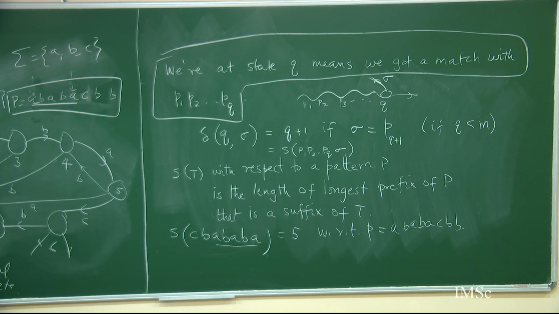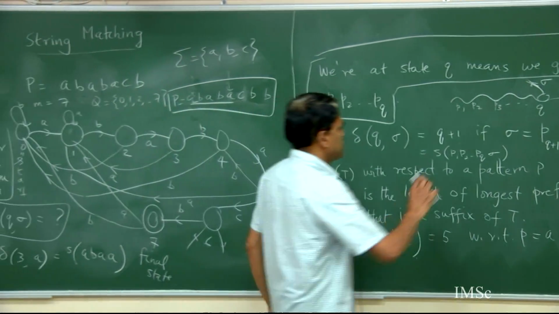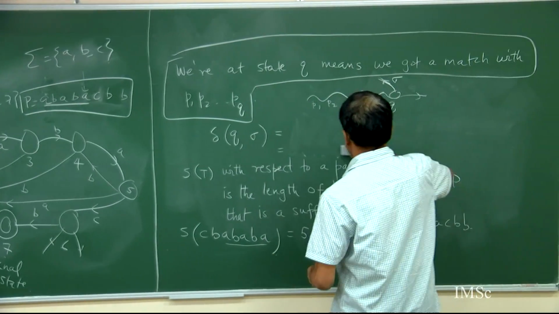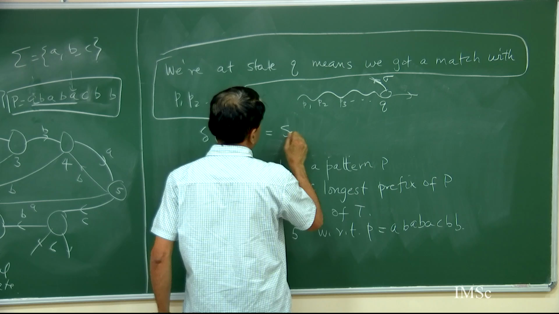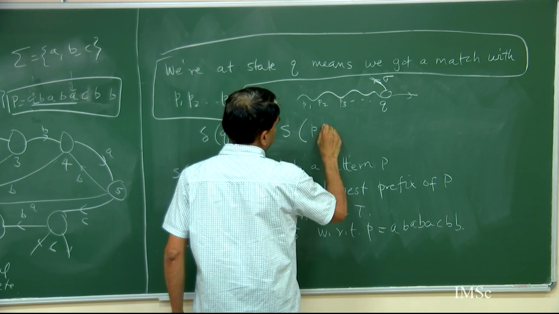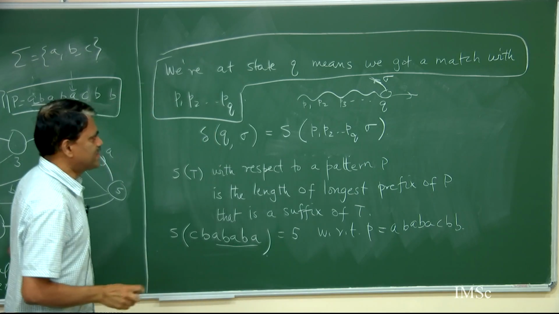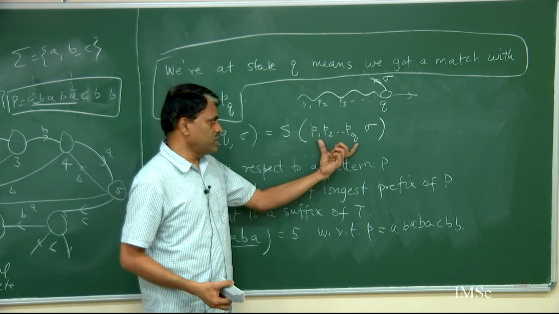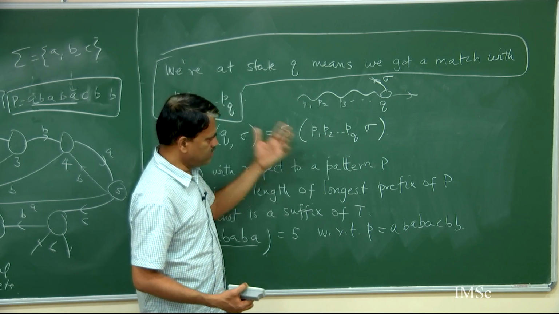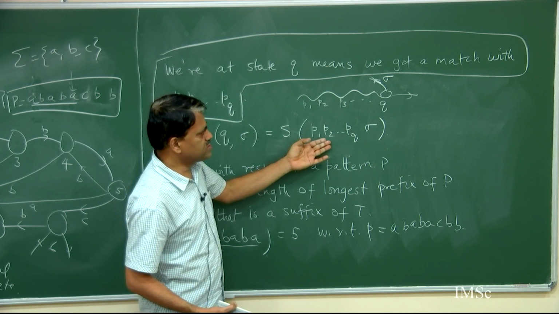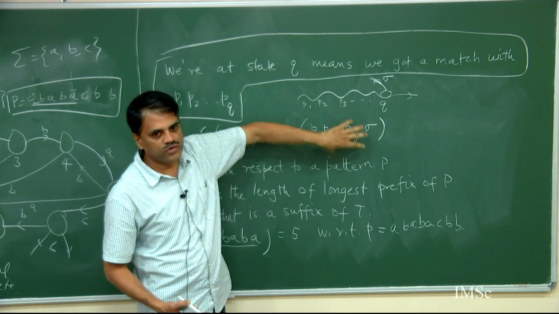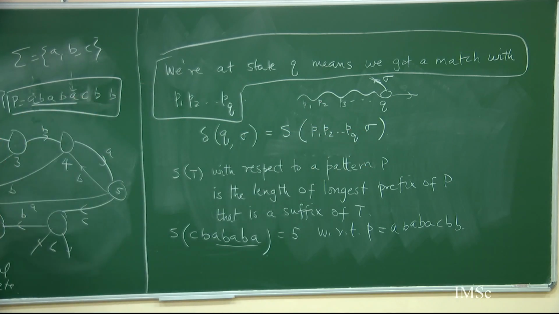You ask what is the length of the longest prefix of the pattern which is a suffix of p1, p2, ..., pm followed by that character. So I am going to replace this and say it is essentially sigma of p1, p2, ..., pq followed by this character. Take this text and see the length of the longest prefix of the pattern which is a suffix of it. That is how much match you would have gotten, and that is the state you want to go to.